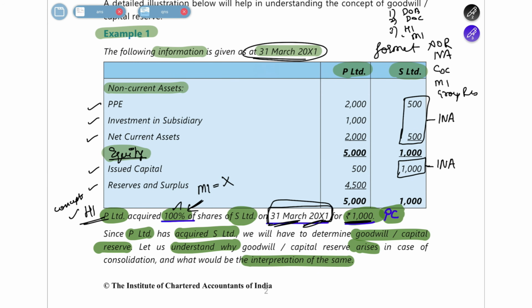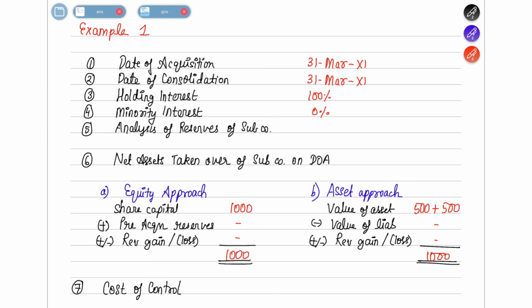So this is actually a 9-step process, and in the 10th step we prepare the consolidated balance sheet. I taught you this 10-step process in the concept video, and the same 10 steps we are going to apply in each of the sums to find out the answer. Now let's move on to our answer sheet.